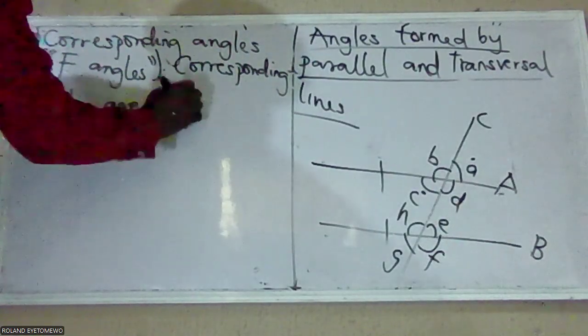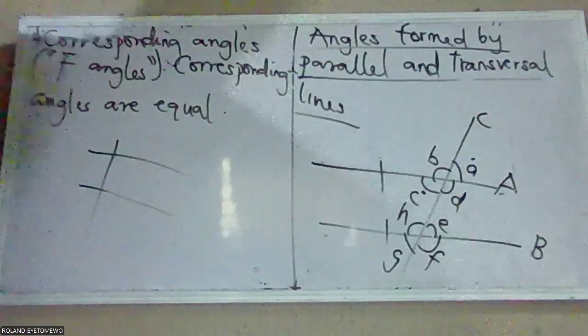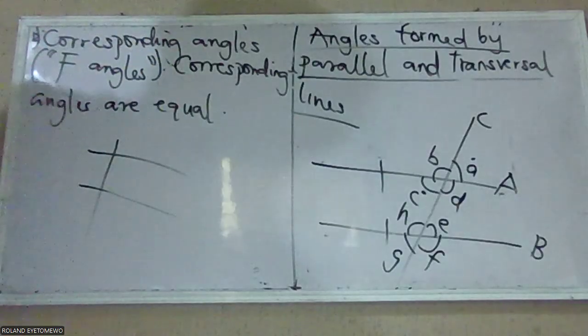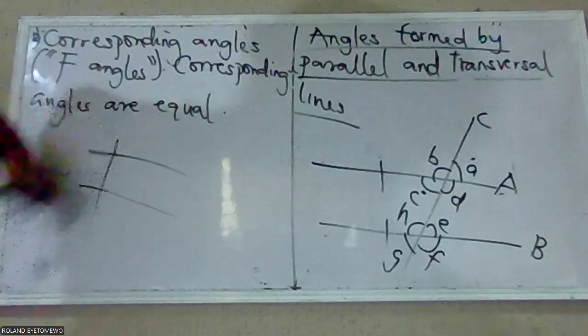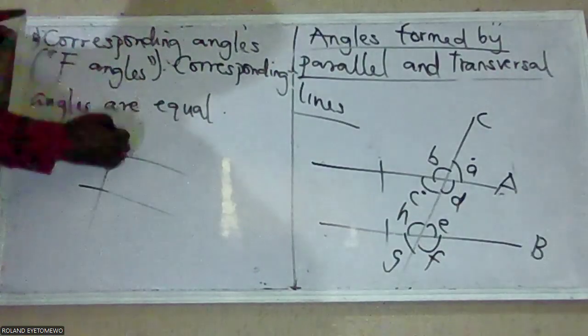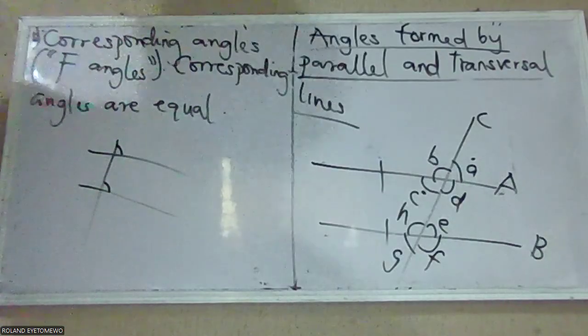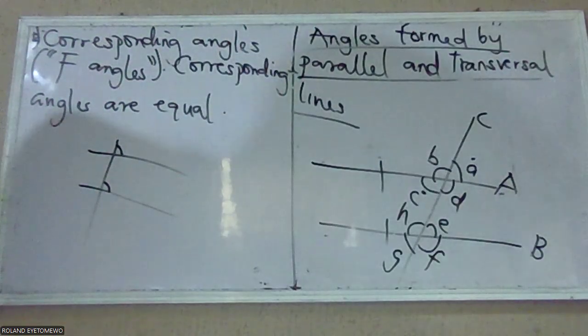When you write F, when we were in primary school, this was the way we were writing F. We just draw a stroke and just put the slashes that way. So the angle here and the angle here are corresponding angles.